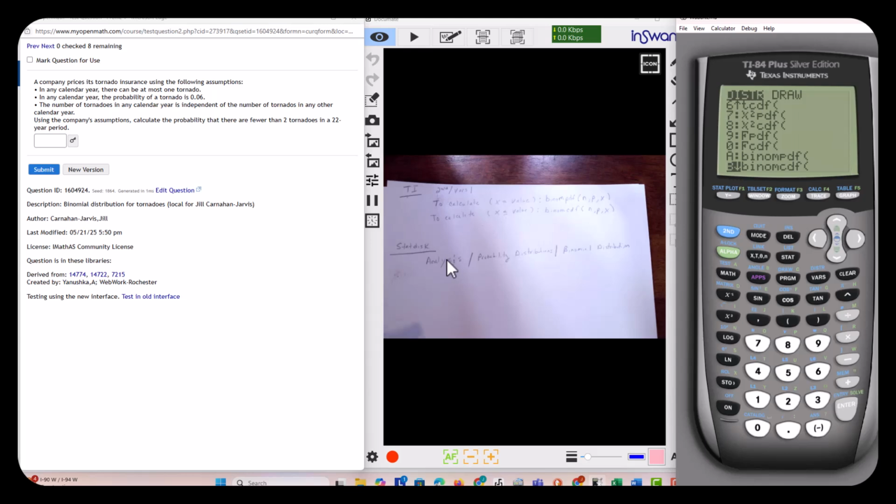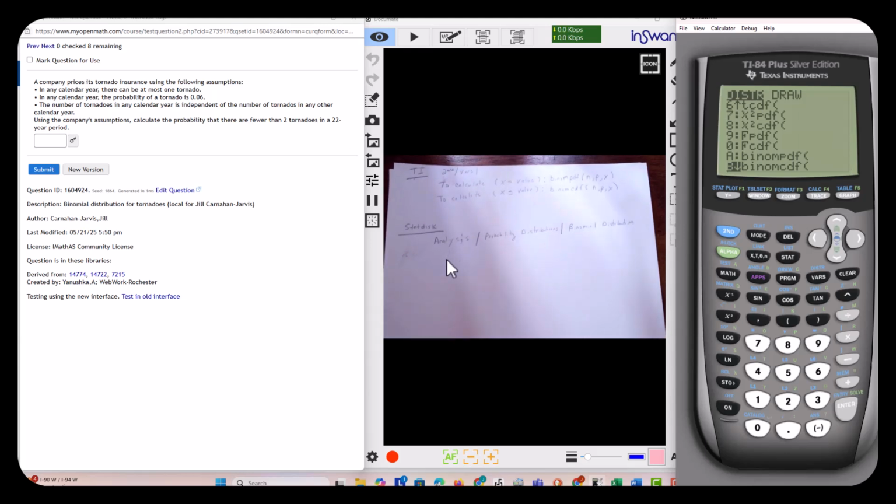So let's write down what we're given here. I need to find N, P, X. In this problem, N is the 22-year period. P is the probability of a tornado, which is 0.06. And just for reference, if you needed it, Q is always 1 minus P, so that's going to be 0.94.